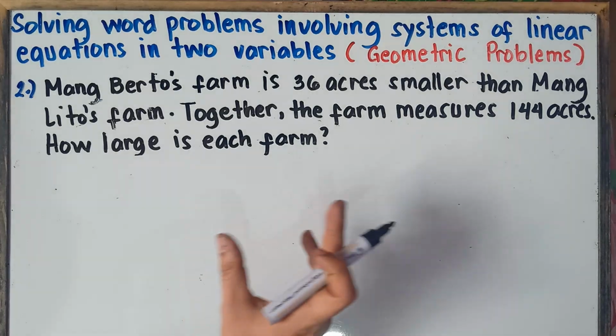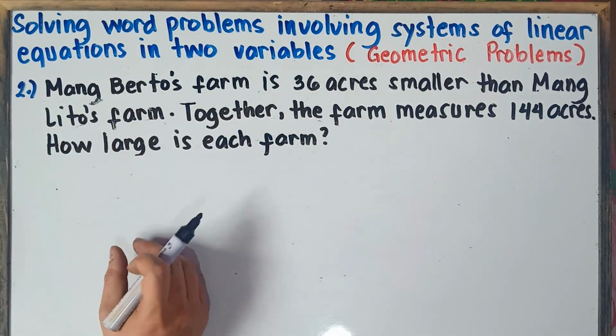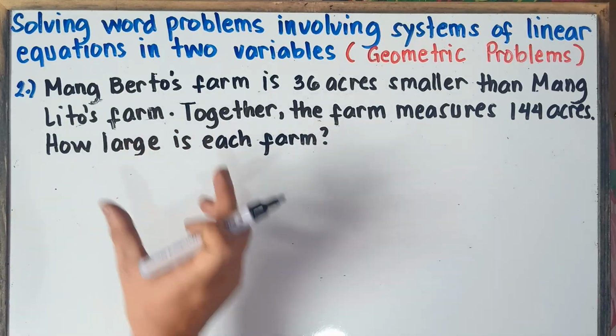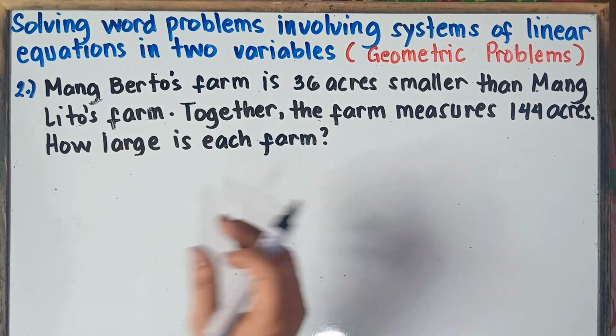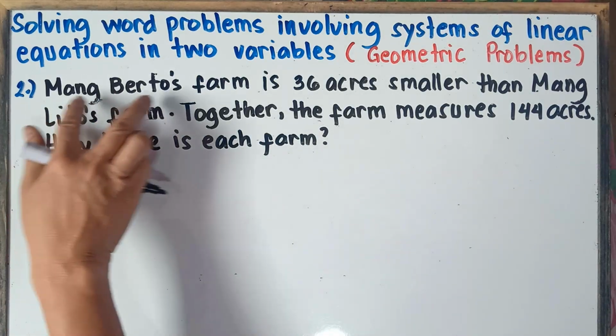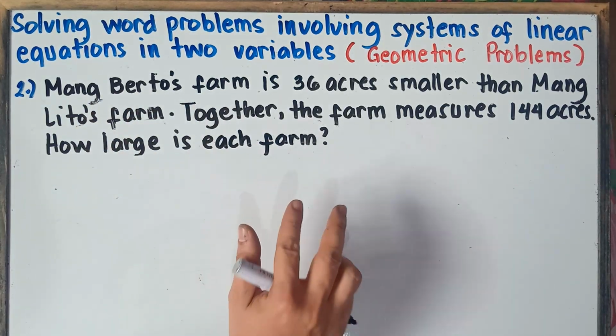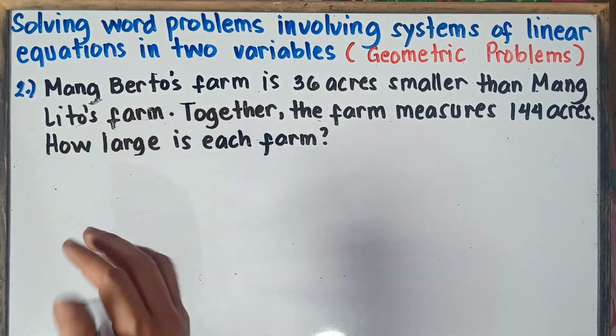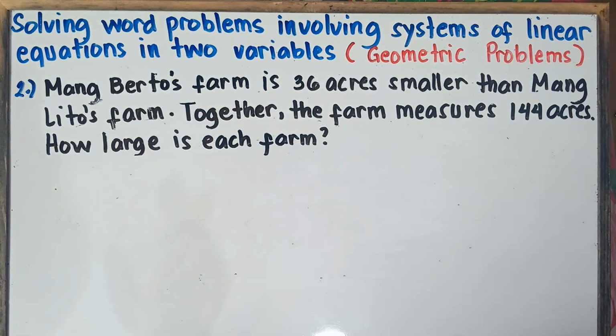So we can let X be Mang Lito's farm and Y be Mang Berto's farm, or you can do it in reverse. It's up to you, class, which you prefer.